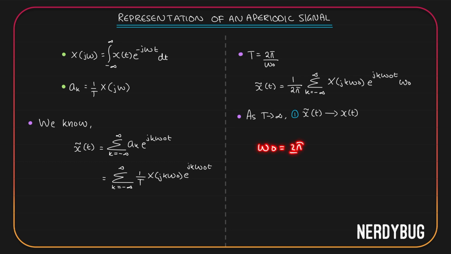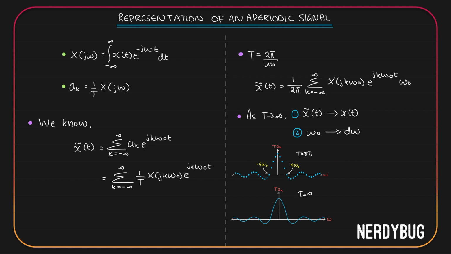Now omega naught is 2 pi by T. As T tends to infinity, omega naught will become really small. So the second thing that happens is this. Omega naught becomes really small. We will call it d omega. We also saw earlier that as T became infinite, instead of getting discrete values like this, we got a continuous wave.